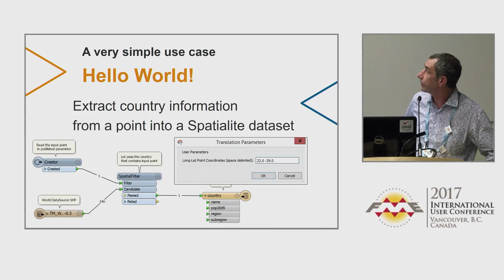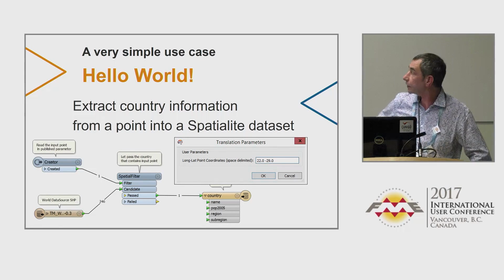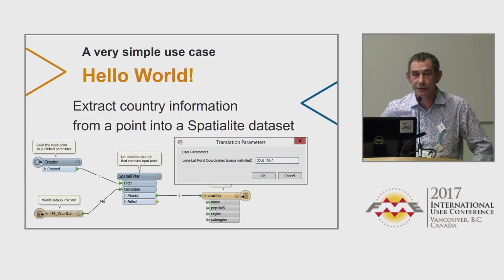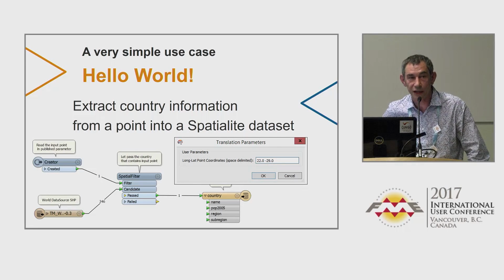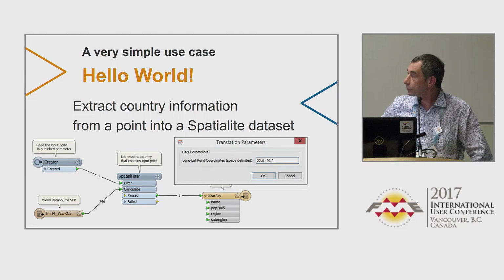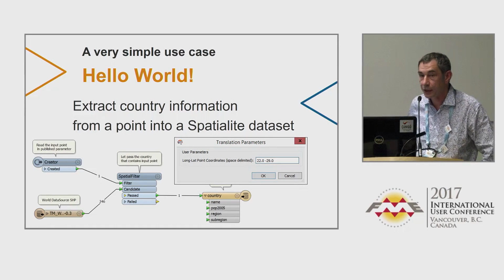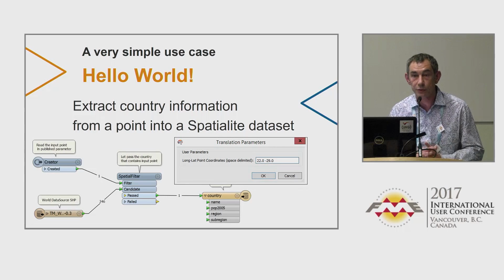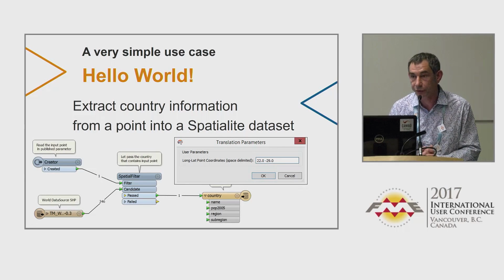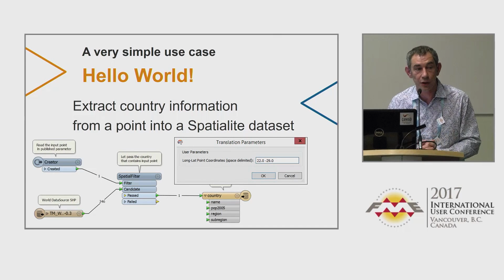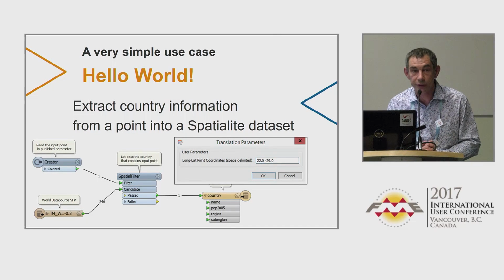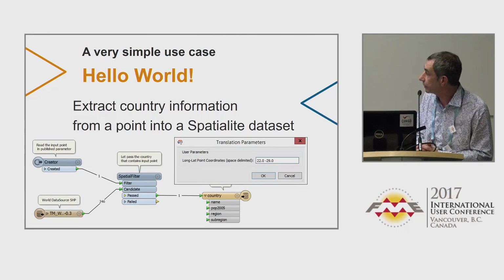Let's take a very simple use case. It's the FME version of the famous Hello World example. In that example, the user of that workspace just has to set the coordinates of a point, and the workspace will extract information about the country that contains the point and store that information in a specialized dataset.